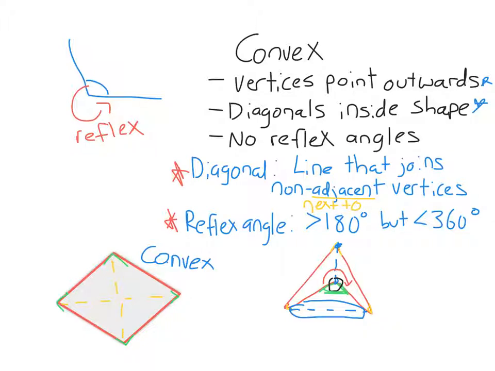So that means that this angle here must be between 180 and 360. It has a reflex angle, so it fails the third as well. So we call this shape either concave or non-convex. I don't care which you use. The reason I'm just mentioning concave is that the shape is sort of caved in here. That might be a way to help you remember. The shape's caved in, it's concave or non-convex.